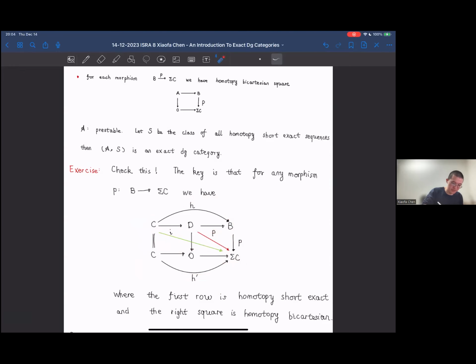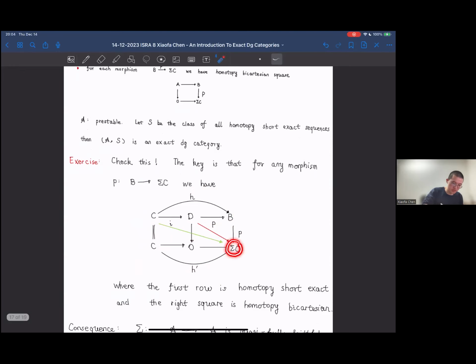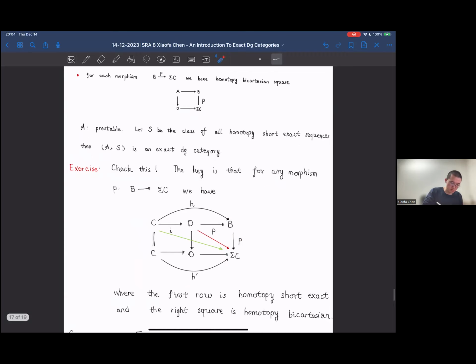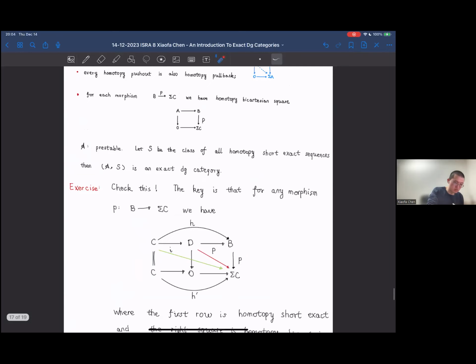Here, for the suspension of C, by definition we have such a homotopy bicartesian, homotopy short exact sequence from C to 0 to the suspension of C. Okay, and then by this condition, we can form a homotopy bicartesian square D to B to shift C and to 0.